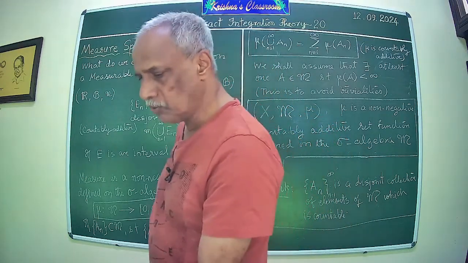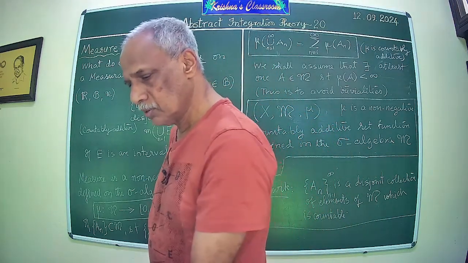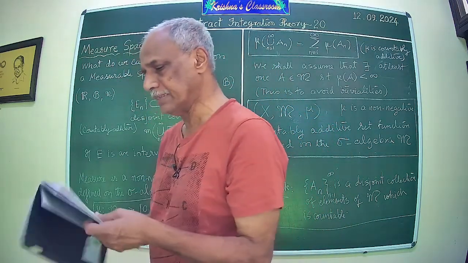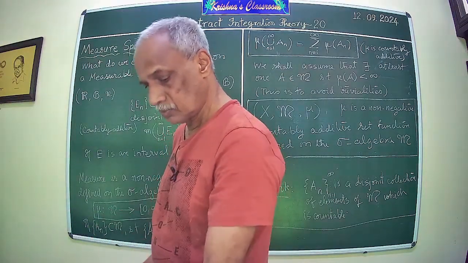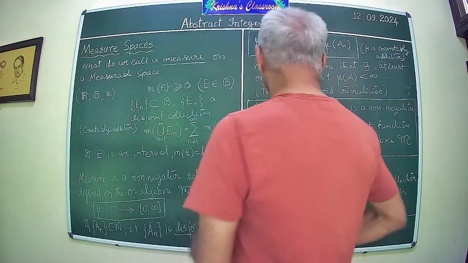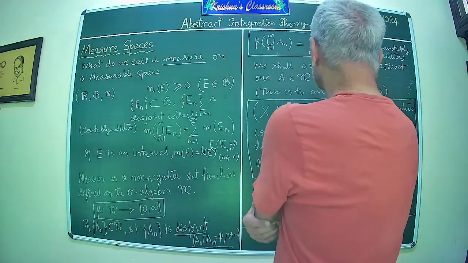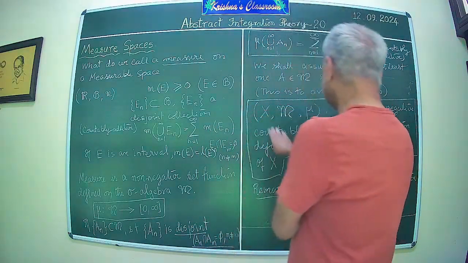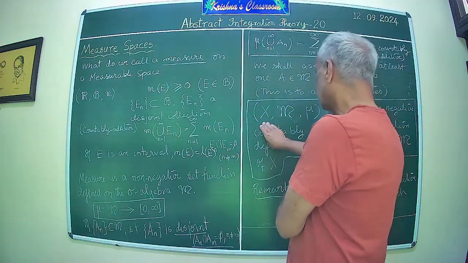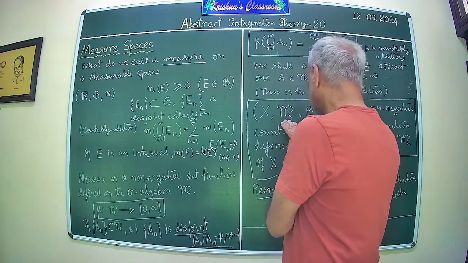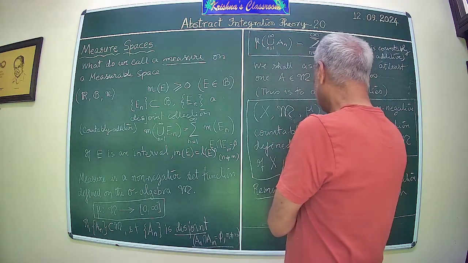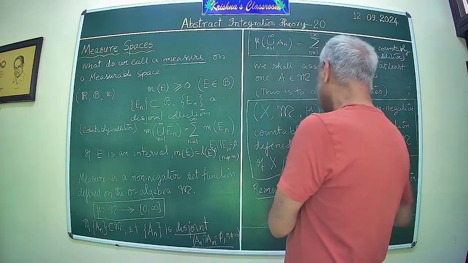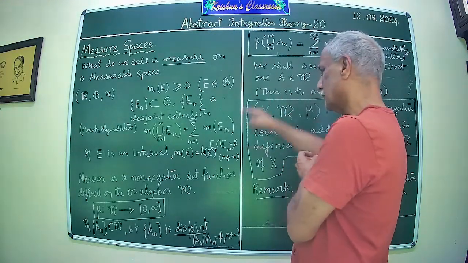So let us now look at what it implies. A measure space is these three: X, a sigma algebra, and a measure. So then you call this a measure space.